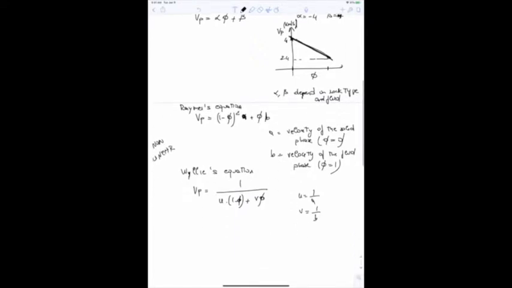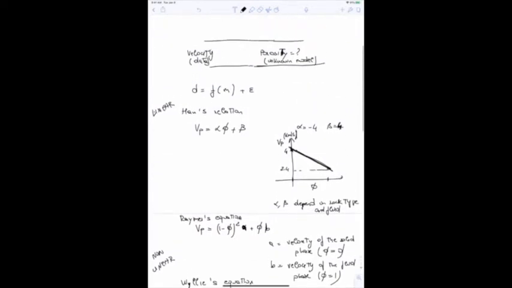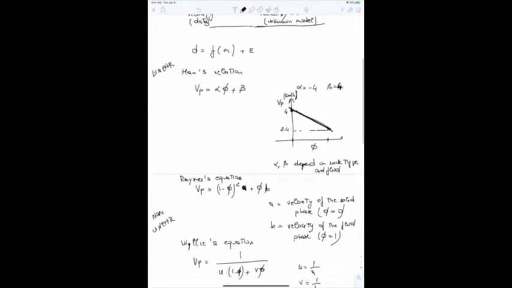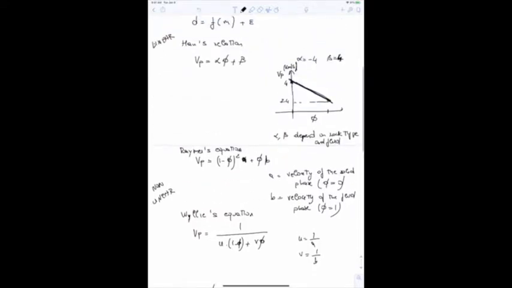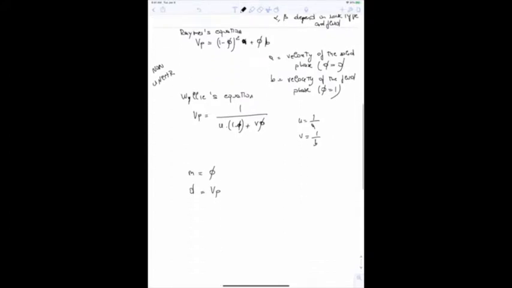Now, before we discuss how to use this, the idea is that the model m is going to be the porosity, and the data is going to be VP. Now we can have one data point or multiple data points. And then we assume now that the physics, the function f, is known.